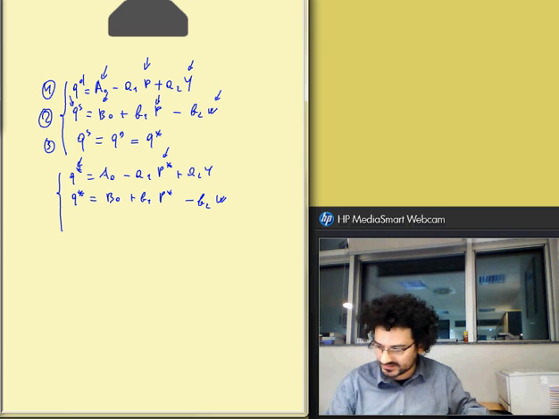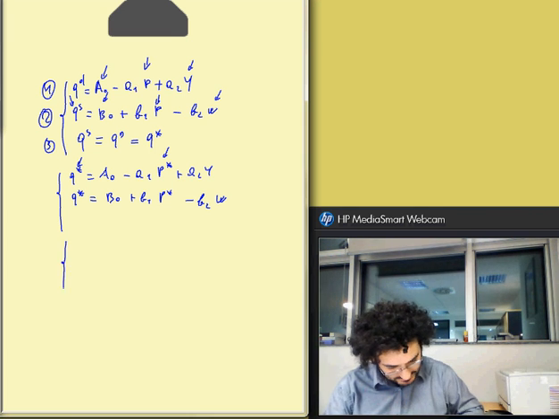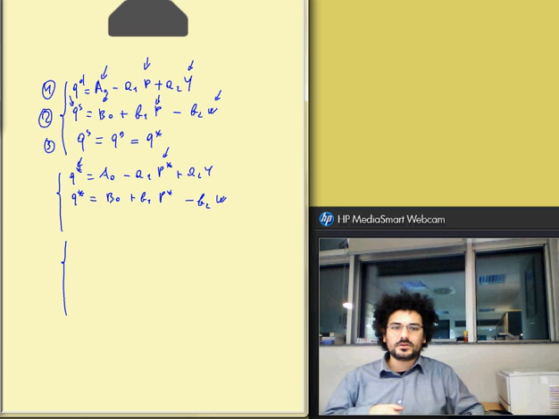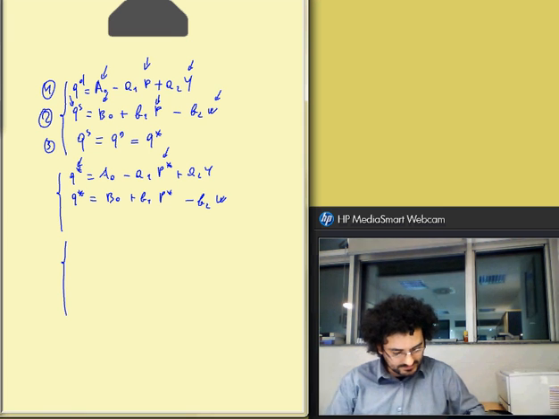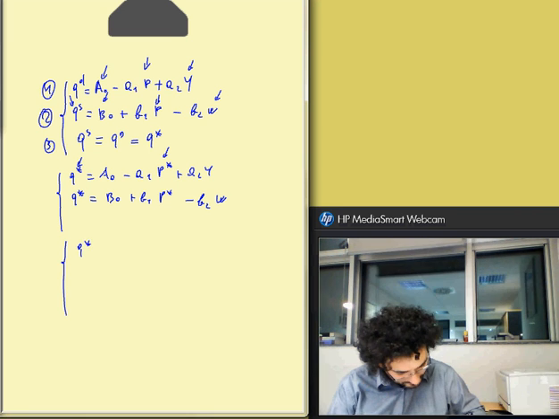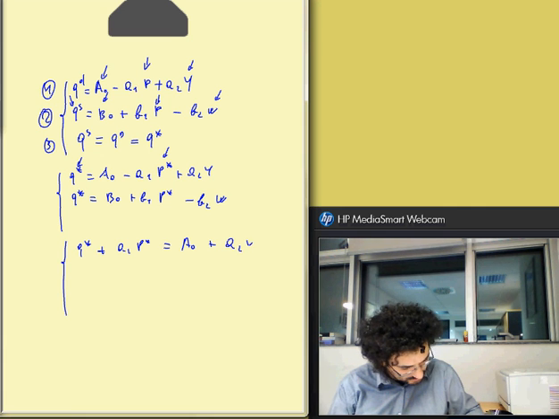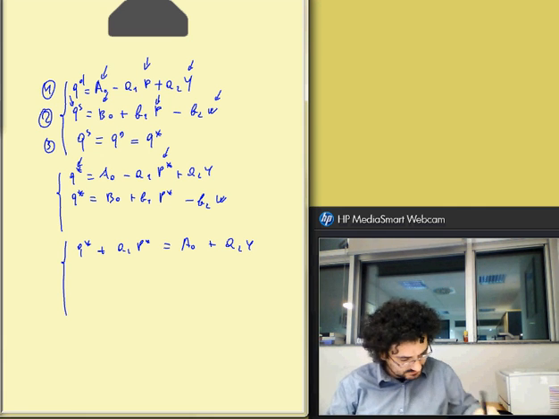In order to solve this system, we can rewrite it putting on the left hand side the endogenous variables, so Q star plus A1 P star equal to A0 plus A2y, and this is the first equation.